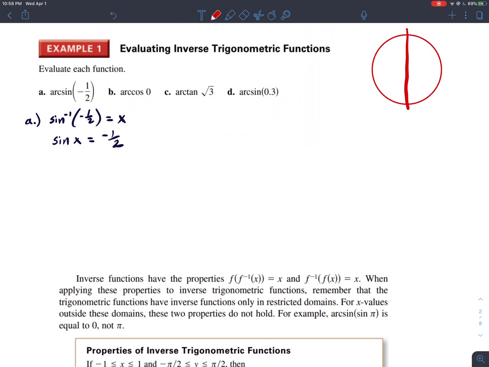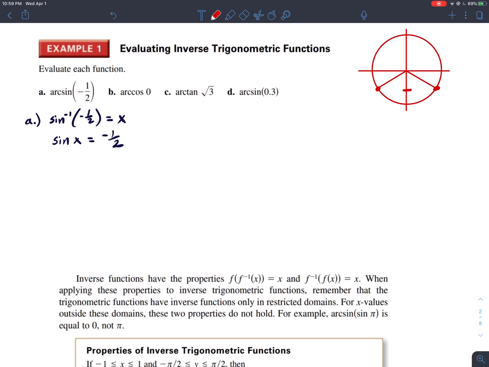Hopefully you haven't forgotten all your unit circle information. Sine will equal negative 1/2 somewhere in quadrant 3 or 4. Negative 1/2, over here for sine, that's the y value, or over here.